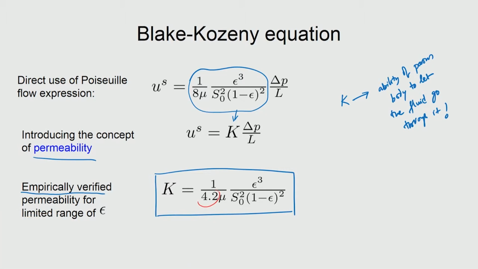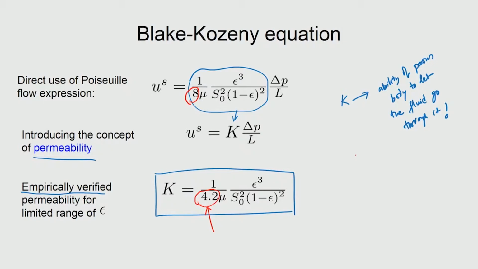This is the only thing we did not get right. Other than that, the functional form is exactly how we came about it, and this expression is empirically obtained and verified. So, this quantity is a correction factor to take into account the fact that the interconnected voids are not bundles of tubes, but do have other effects.